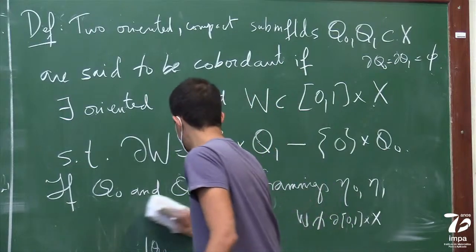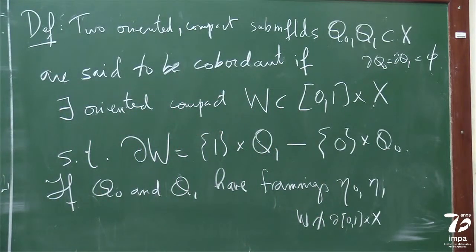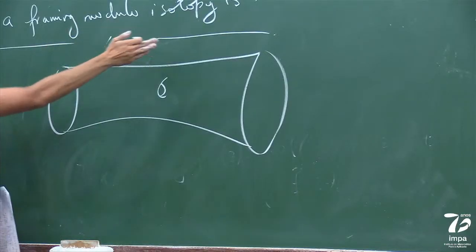So, let me draw a picture to kind of convince you that that's true. So if I have a cobordism, so here's my cobordism. I'm not drawing X, but this is [0, 1].